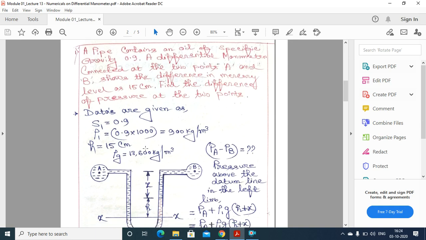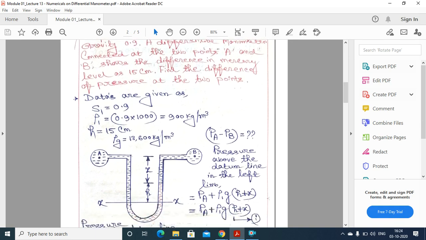Also, from the figure of the differential manometer, small h is equal to 15 centimeter, as given. Why is small h equal to 15 centimeter? Here you can see the differential manometer connected at the 2 points A and B shows the difference in mercury level as 15 centimeter. The mercury level here is in red color, it shows the mercury.